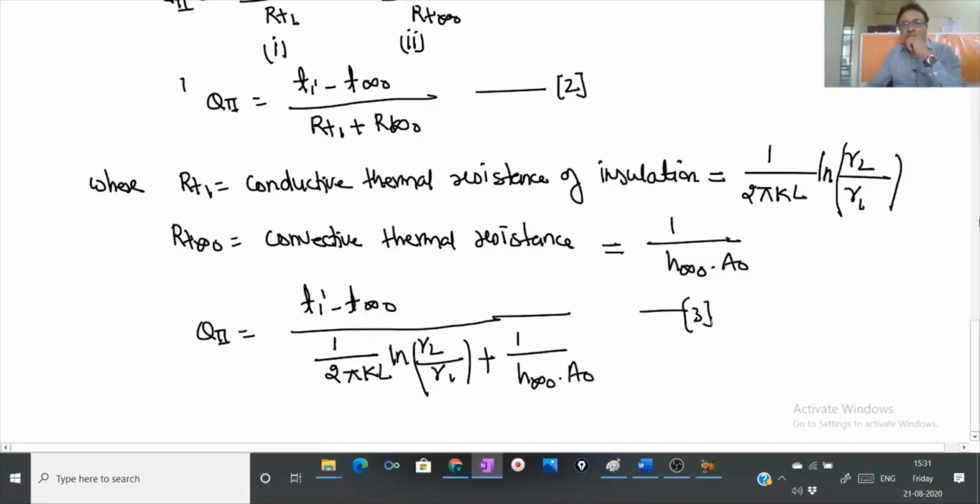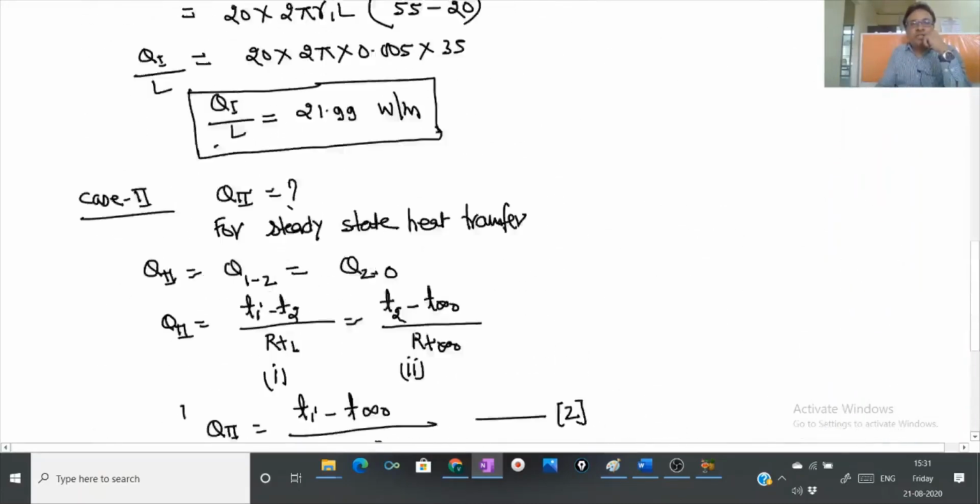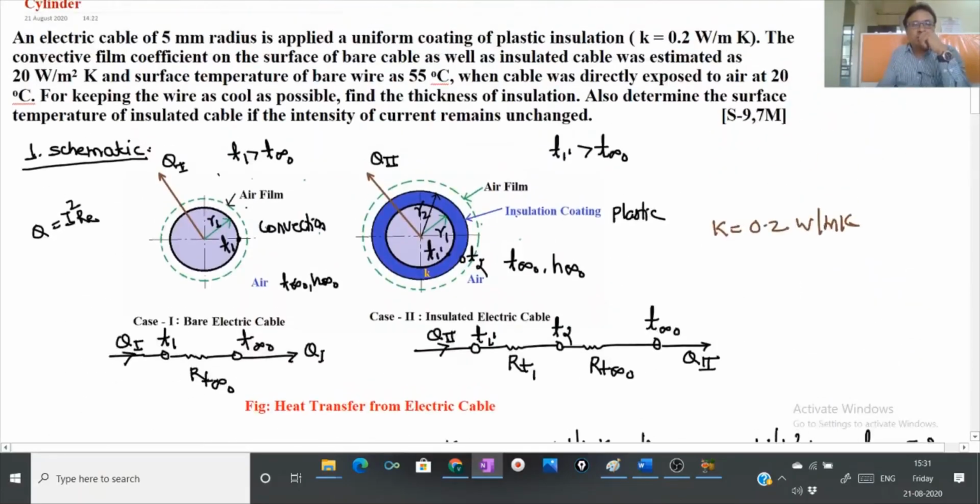Now in this equation, R2, that is the outer radius of insulation, is not known to me. So we have to calculate what the radius R2 should be for maximum heat loss. It is asking, for keeping the wire as cool as possible, find the thickness of insulation.